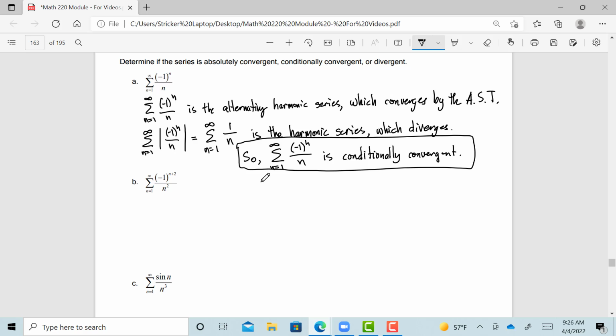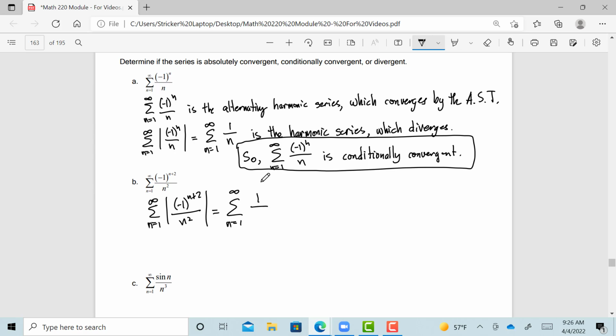Example B now, we can take a look at, and let's start by taking its absolute value. So if we take our series and we take its absolute value, so you have negative 1 to the n plus 2 power over n squared, and if we take its absolute value, what are we left with?